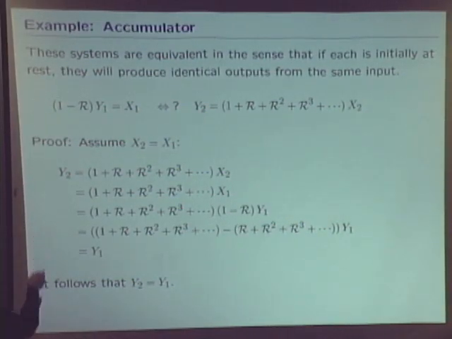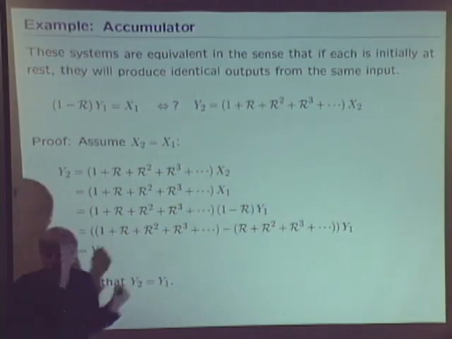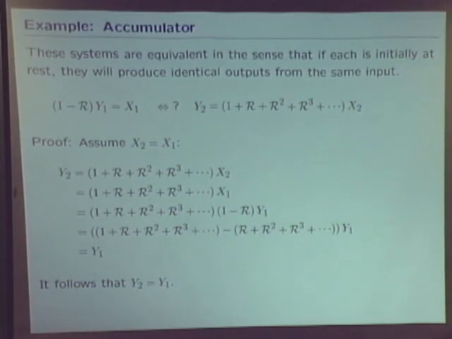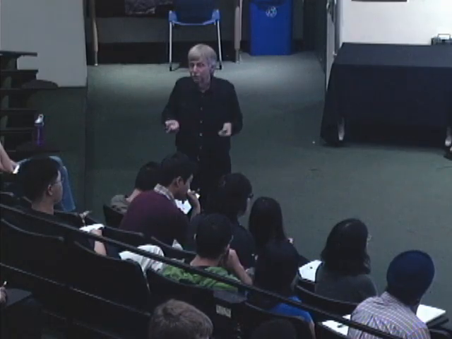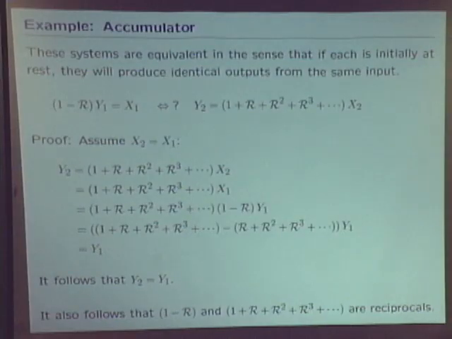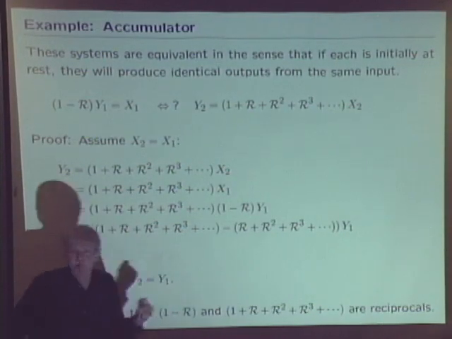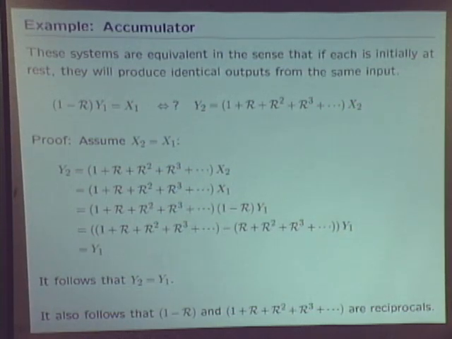Substitute this equivalent expression for x1 and multiply it out. When you do that, you find y2 equals y1. It's true. And what we've done is showed a very important thing. This and this are reciprocals. When you multiply two polynomials together and the answer is 1, they're reciprocals.